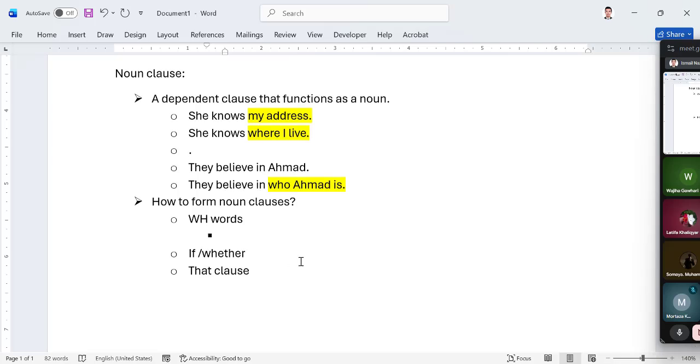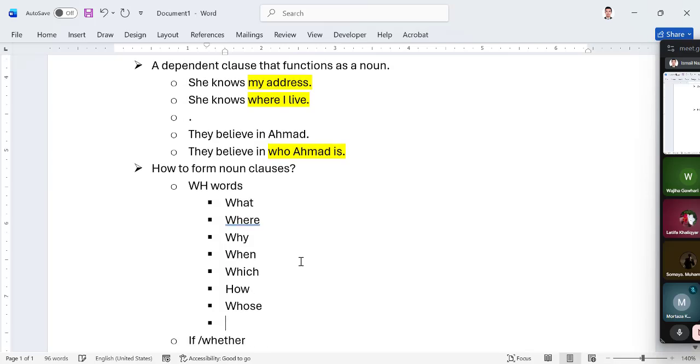You know, WH words are, for example, what, we may have where, we may have why, we may have when, we may have which, we may have how, we may have whose, and so one more. So we have what, where, why, when, which, how, and whose.